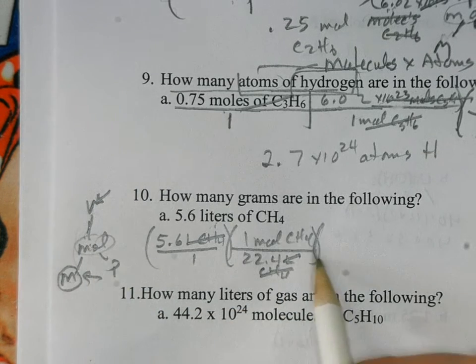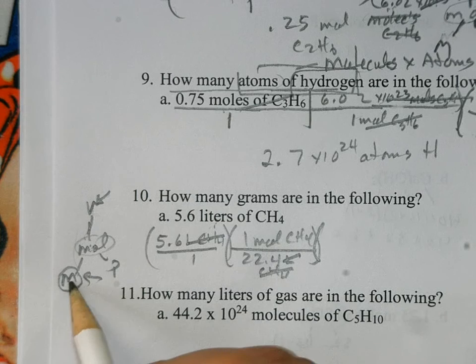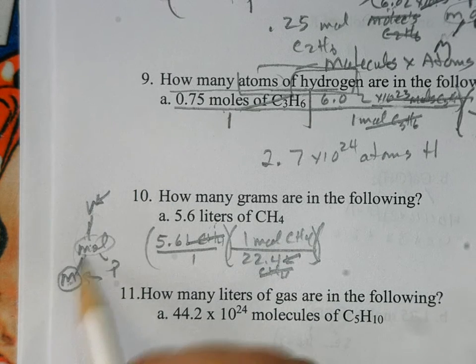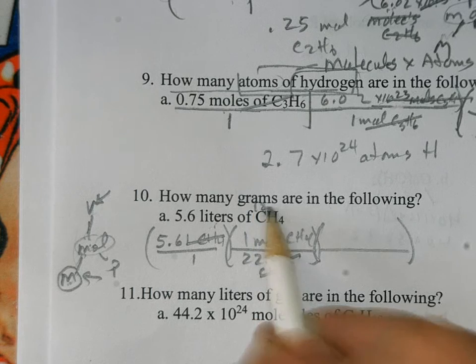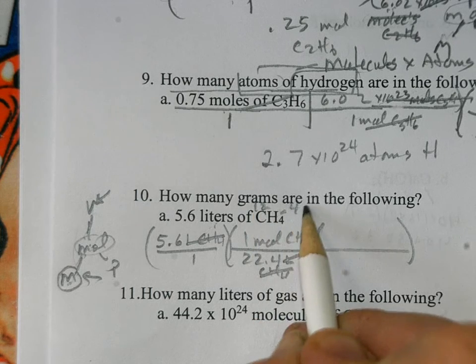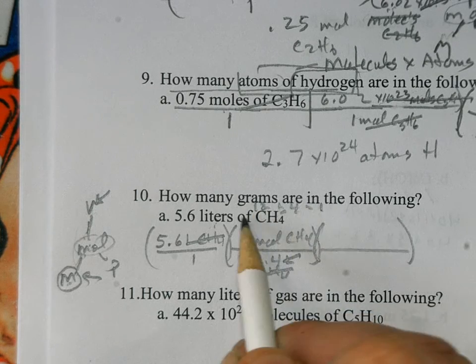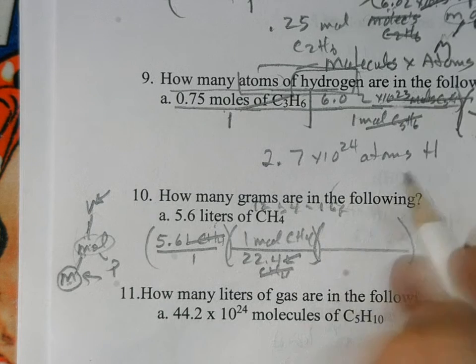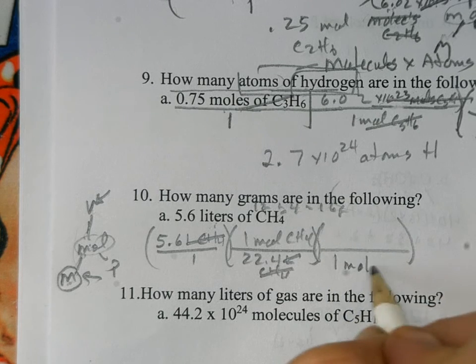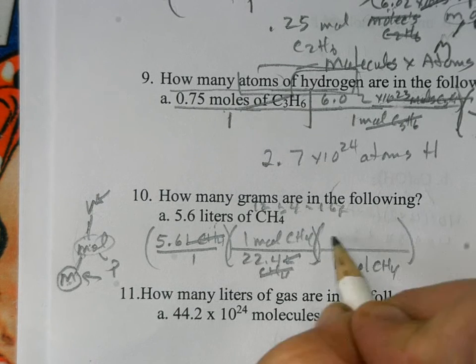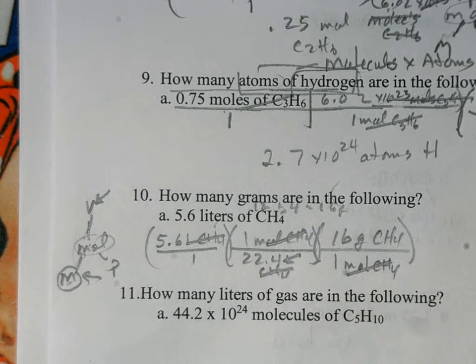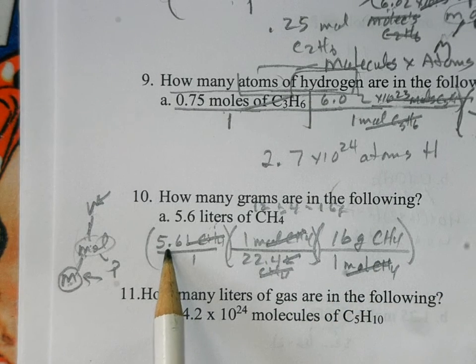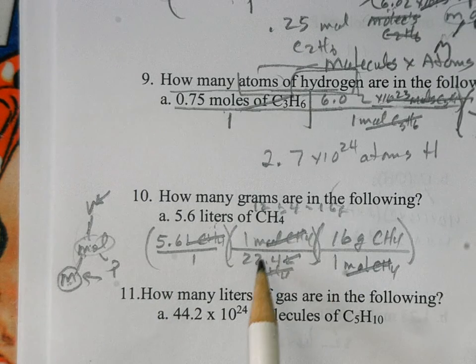Now we need to change this into grams by multiplying by the molar mass. Carbon weighs 12, every hydrogen is 1, so 12 plus 4 is 16 grams. So 1 mole of CH4 is 16 grams of CH4. Those cancel out, and now you're going to have 5.6 times 16, and then you divide by 22.4.